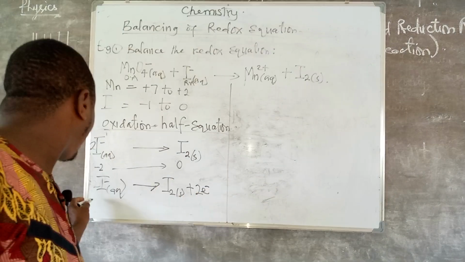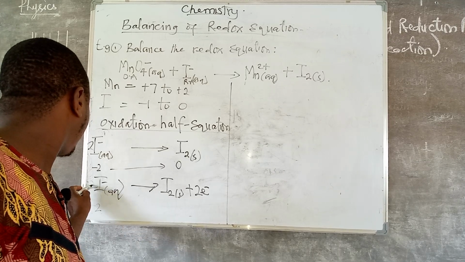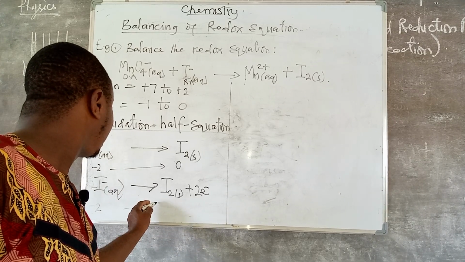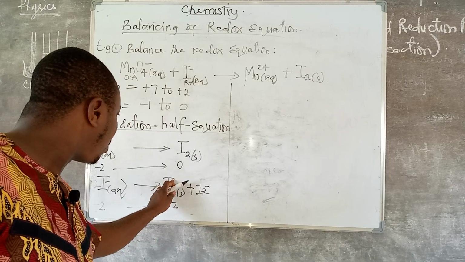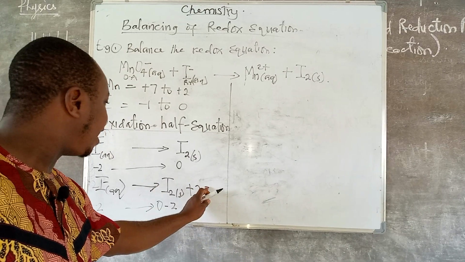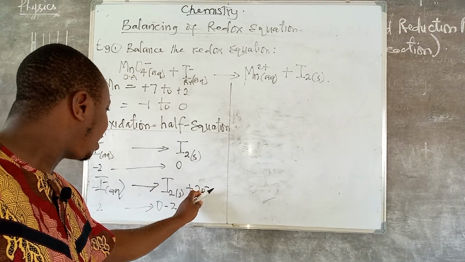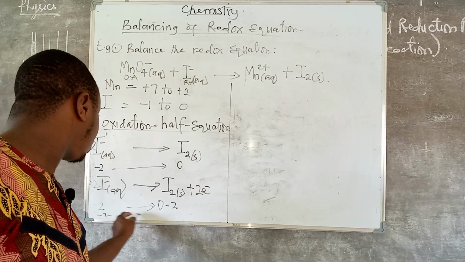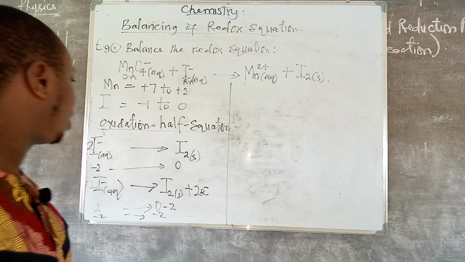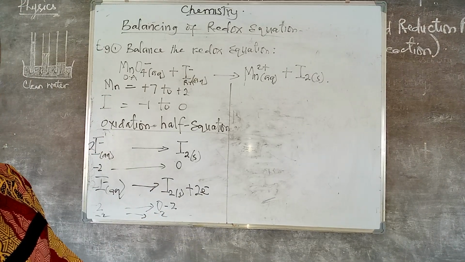So when you check now, here is -2. And here is 0 and -2. Here is 0. And here this minus has taken over this -2, and the plus has disappeared. So here is -2, and here is -2. The number of charge there is now balanced.